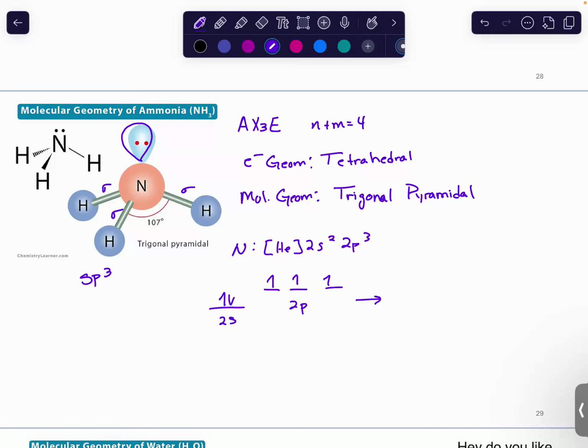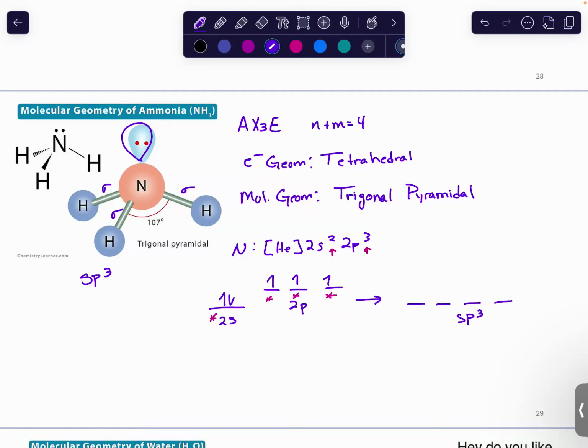So, which means I need sp3, so I'm going to use the s and all 3 of those p orbitals. You get 4 degenerate orbitals. Now, I need 3 sigma bonds and a lone pair. I have 5 valence electrons. 1, 2, 3, 4, 5. I need to use those to form the 3 sigma bonds and the lone pair.